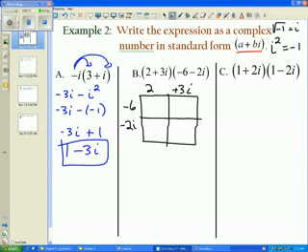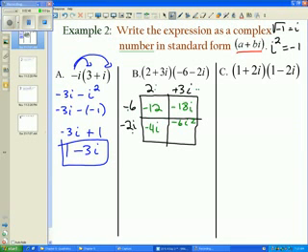Draw my box, my little squiggle in the middle, and I multiply boxes. 2 times negative 6 is negative 12. 3i times negative 6 is negative 18i. 2 times negative 2i is negative 4i. And negative 2i times 3i is negative 6i squared.